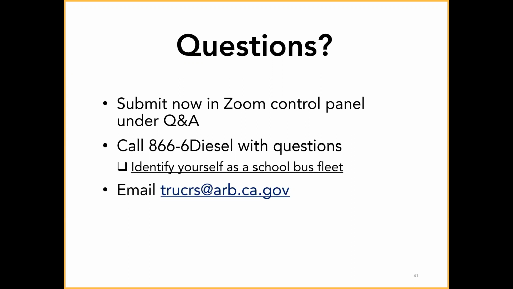So it really depends on what the funding agency is asking the information for. There are some instances where you might have a white fleet at a school that does need to be reported in TRUCRS in order to verify compliance for some funding programs.